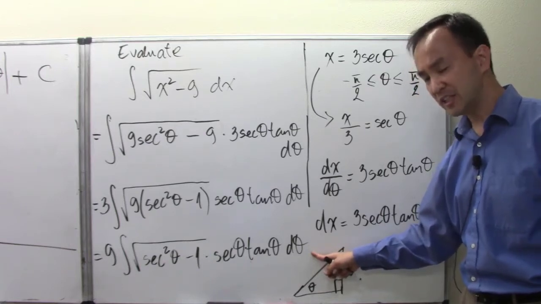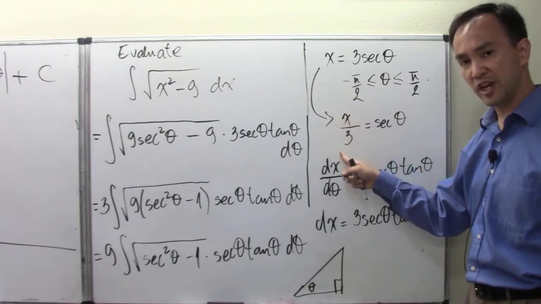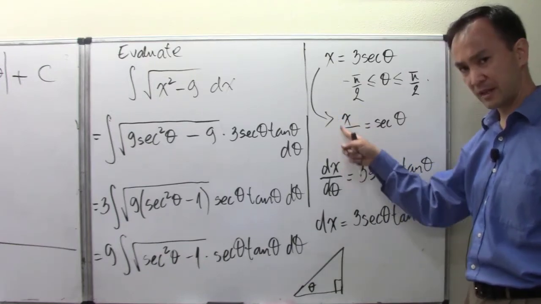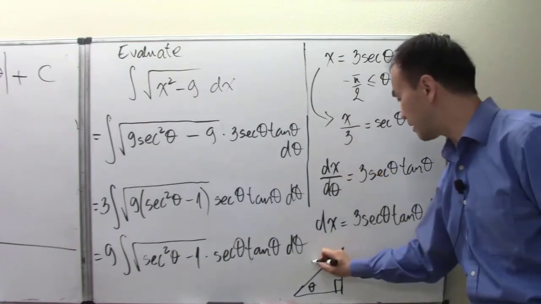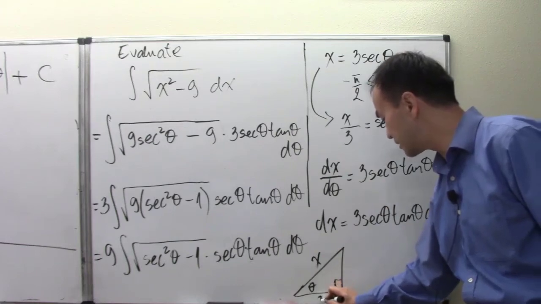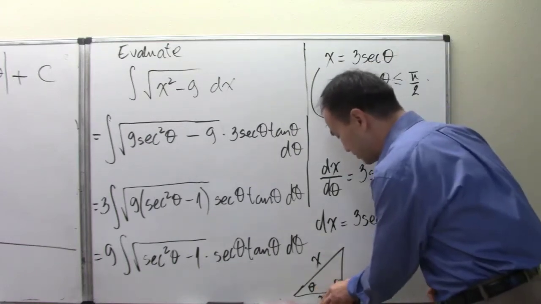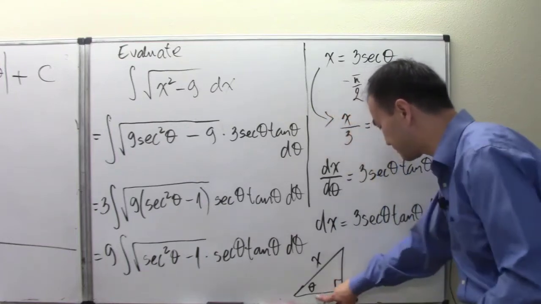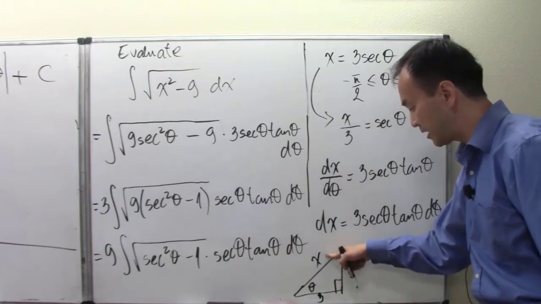So secant means hypotenuse over adjacent. That means x is on the hypotenuse, and then 3 has to be the adjacent side if we put theta here. So I'm putting 3 here, adjacent. Hypotenuse over adjacent.